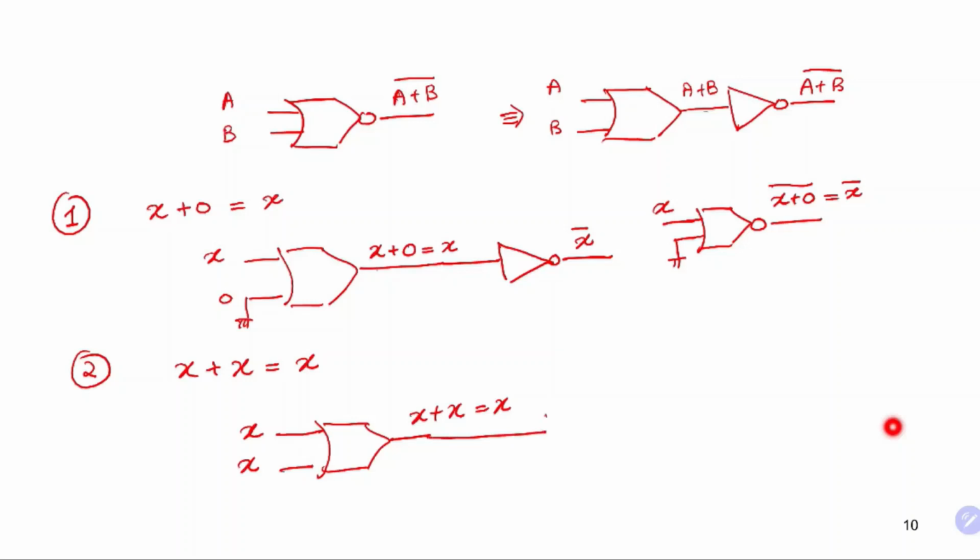Again, put this through my inverter, I get x bar. So this is the same as x through a NOR gate if I split my input into two, so this will be x, this will be x, I'll get an x bar.